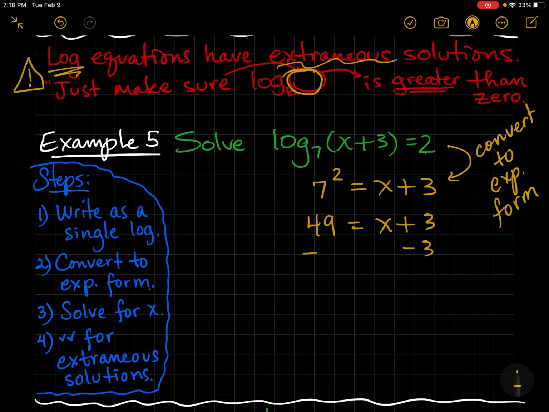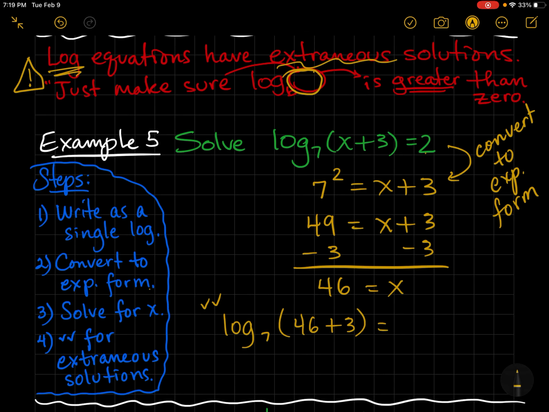And I'm going to subtract 3 from both sides. So x equals 46. But now I have to check for extraneous solutions now that I have my x by itself. So I'm going to plug in 46 plus 3.